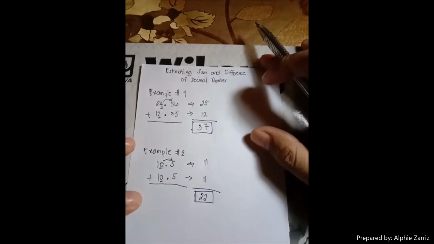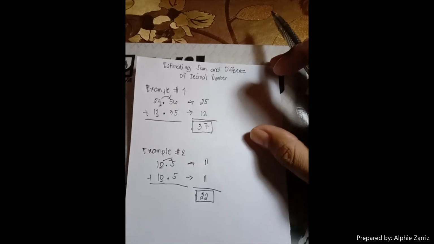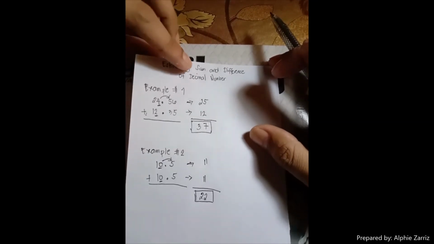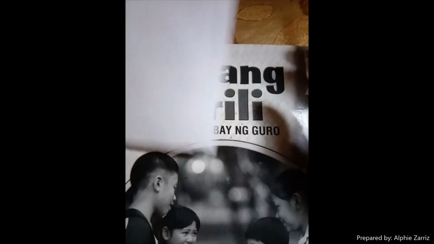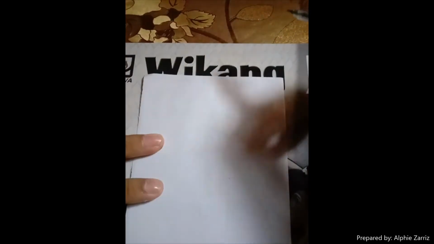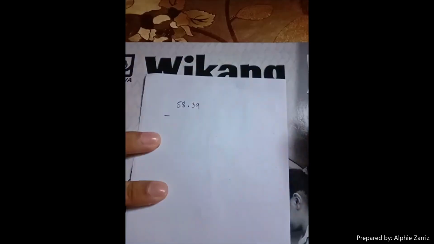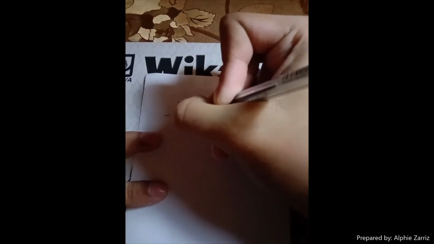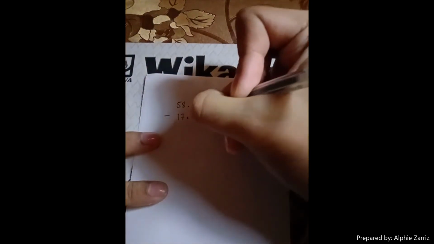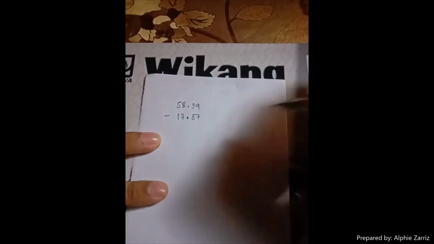Now, how about when we say the estimating difference or the estimated difference of decimal numbers? Let's have an example here in estimated difference. So for example, I have here 58 and 39 hundredths subtract by 17 and 57 hundredths.